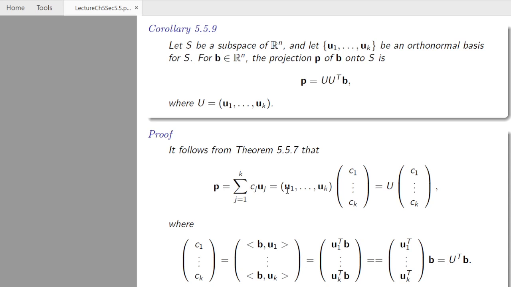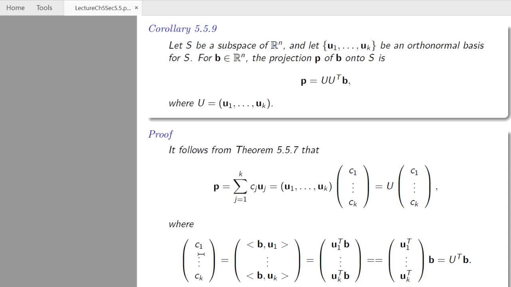That's just like u1 times c1, so that's the first term. Then u2 times c2, and then uk times ck. In this way, we can write down this summation in this form. Then, because we assume U is a matrix made of these k column vectors, this is U, and this is the vector c.